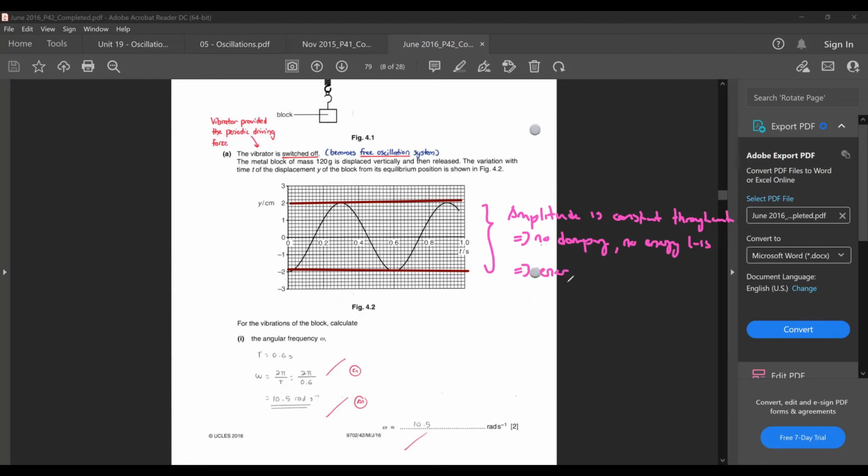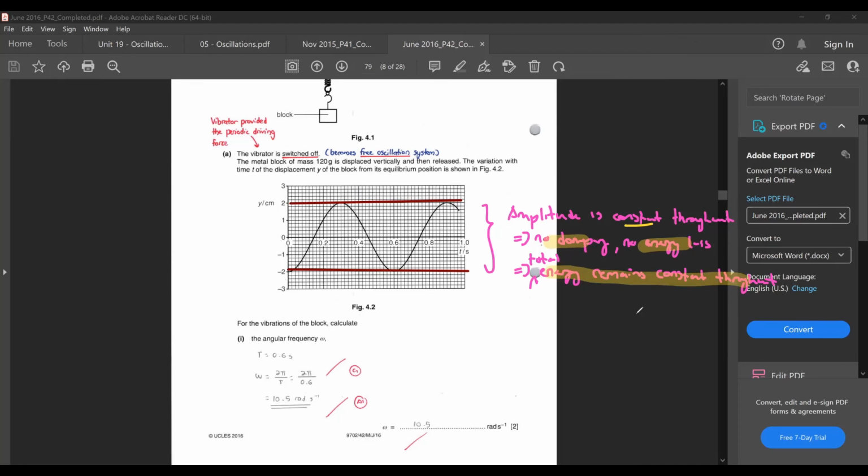The total energy, sorry, I should have probably written this, the total energy remains constant throughout. From the graph that you see here, because the amplitude is constant, that tells you there's no damping, no energy loss. The total energy here is constant throughout.